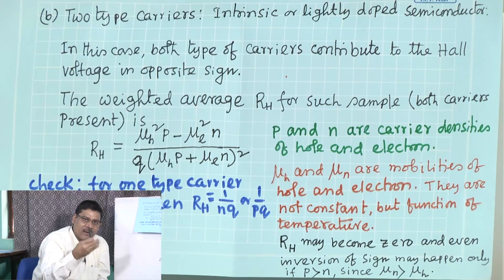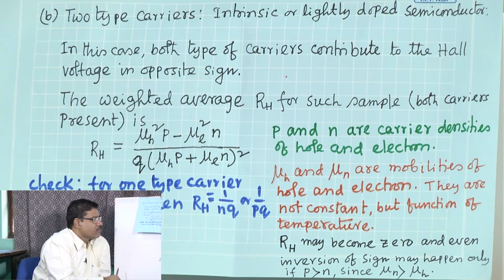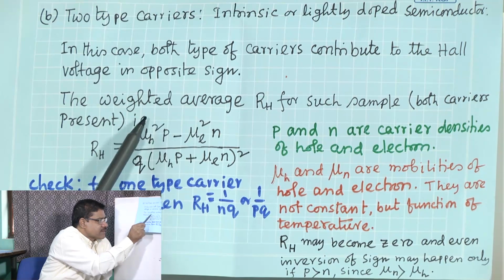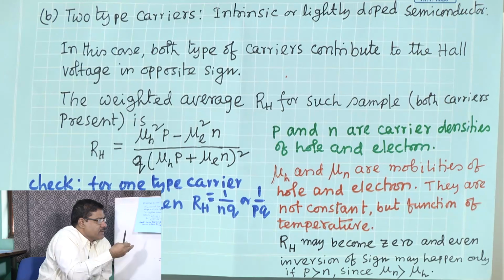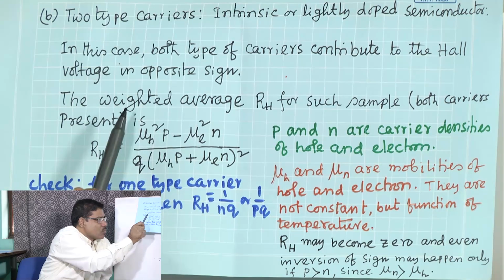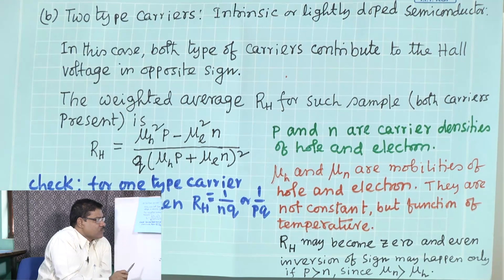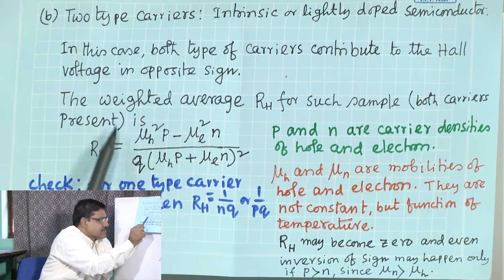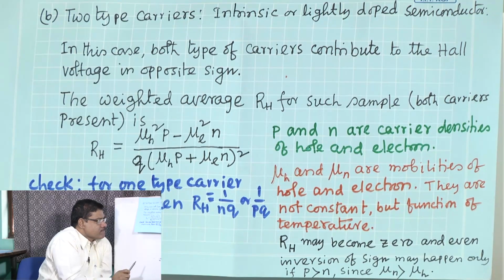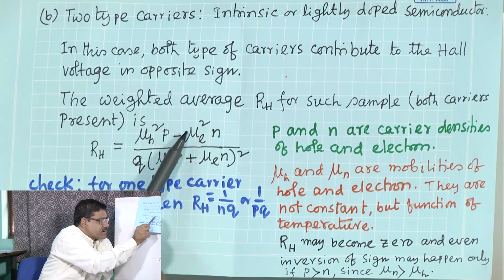With temperature, the mobility will decrease. In both cases mobility will decrease, so this term will decrease, and this negative term will also change. So for room temperature, the resultant value is positive.